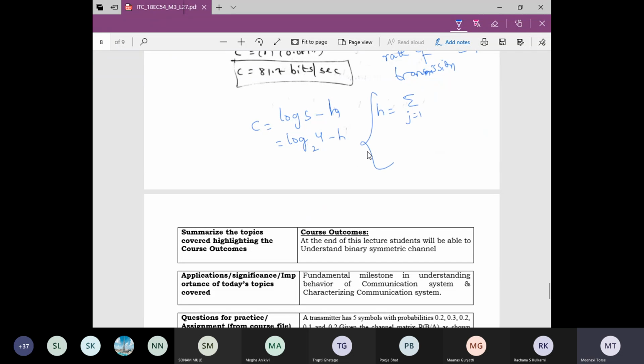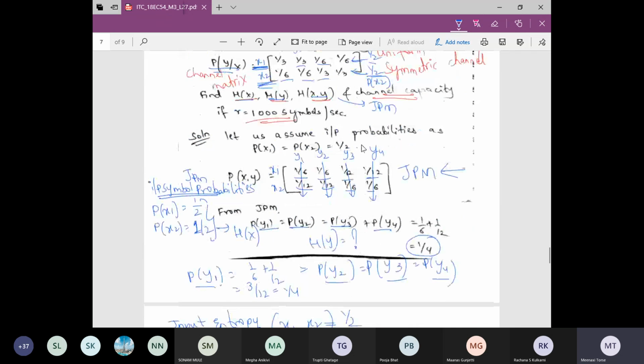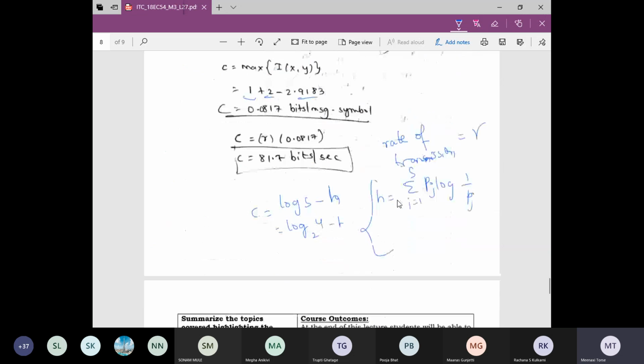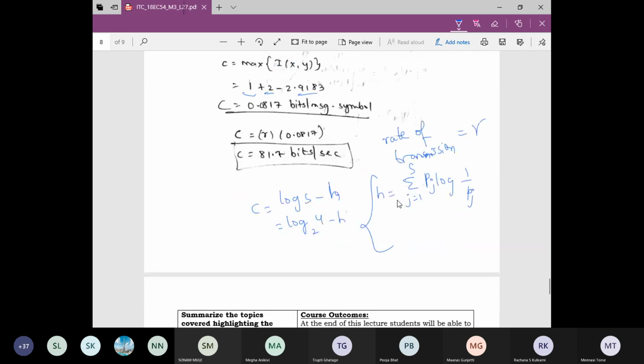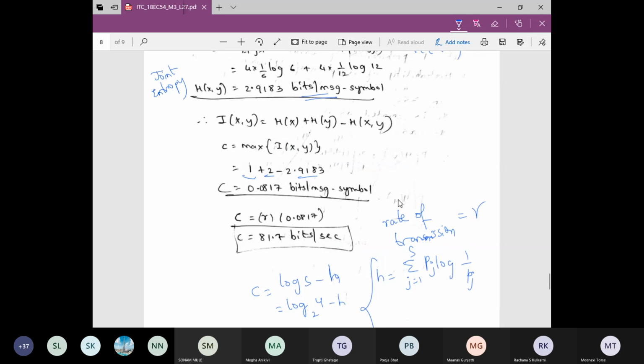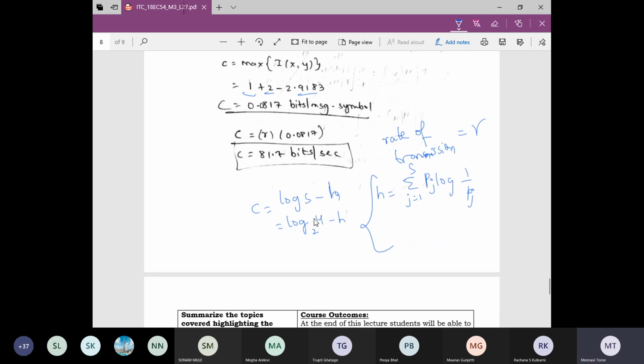It is the summation J equals 1 to S of P subscript J log of 1 by P subscript J. So we have the elements in the JPM, 1 by 6, 1 by 6, 1 by 2, 1 by 2. Compute H, subtract, and we will get the channel capacity.